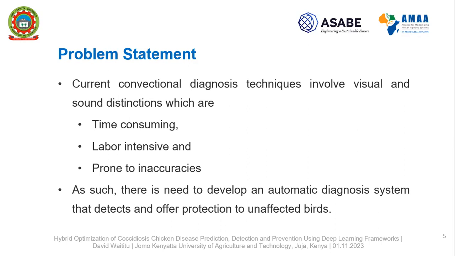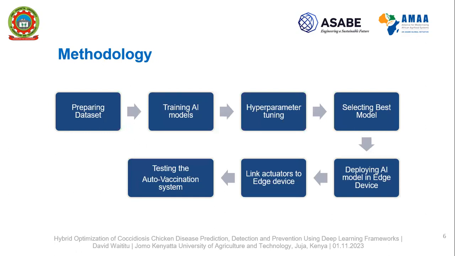As such, we need to develop an automatic diagnostic system that not only detects but also gives medication to the birds, so that they are cautioned against the presence of the disease, which in this case is coccidiosis. My methodology cuts across artificial intelligence and embedded systems, where I prepared the dataset from a public repository.